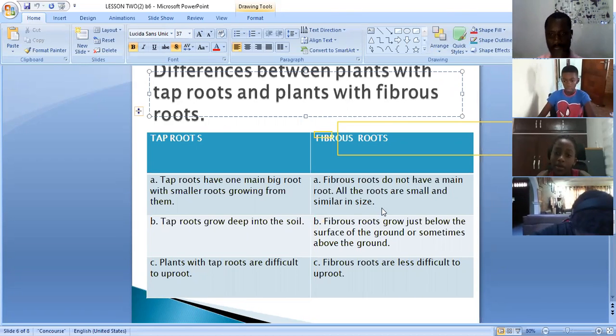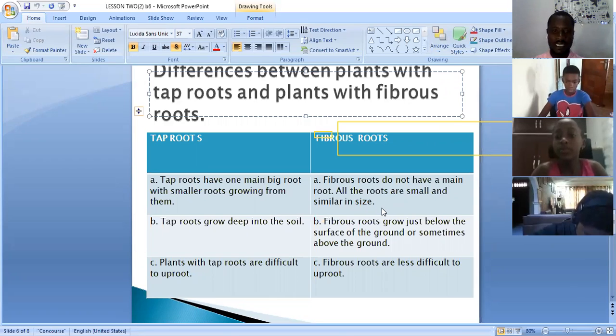Okay, so Grace, pause there. You say that tap roots have one main big root. When you pick carrot as a typical case study, we see that the carrot is a typical example of a tap root, where the root actually goes deep into the soil.